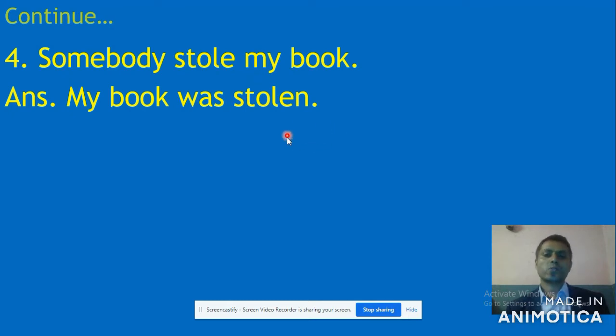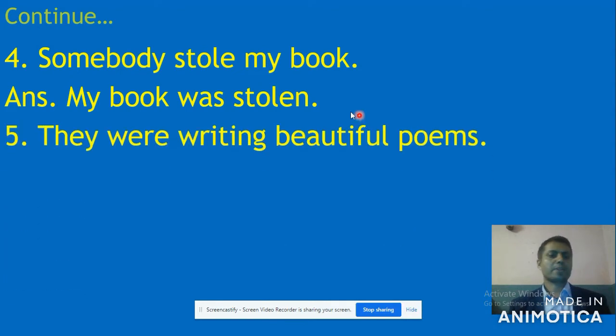E refers to everyone, everybody. N refers to no one, nobody. A refers to anyone, anybody. And people also: we don't know who the people are, so this is also a big subject. If they come as our subject, we don't write by plus agent. So my book was stolen. Now let's look at the next number.